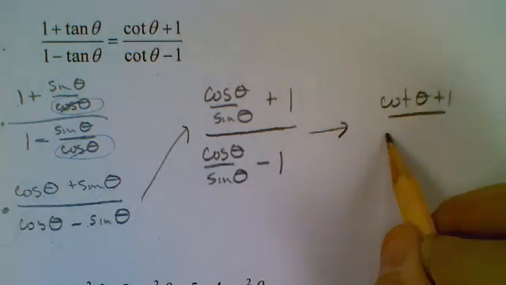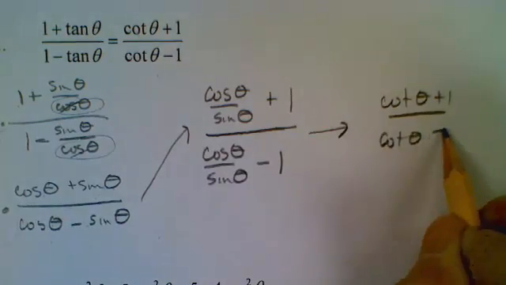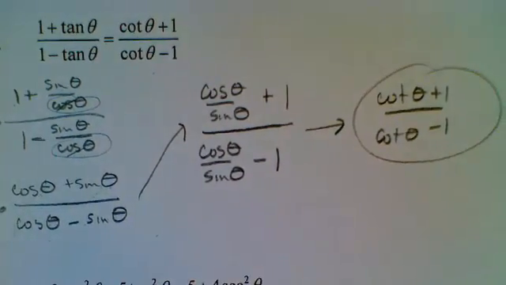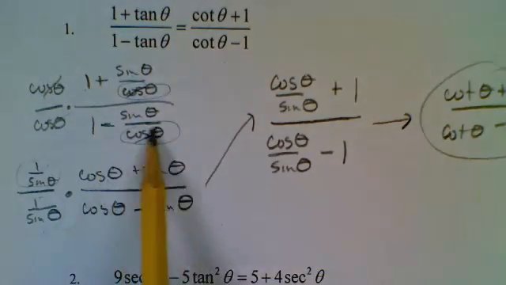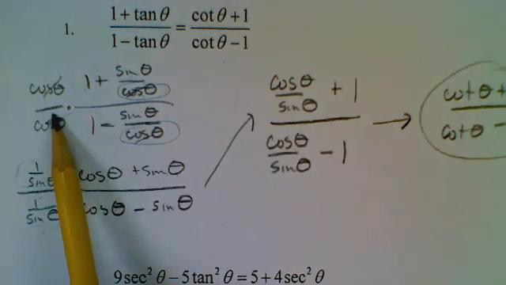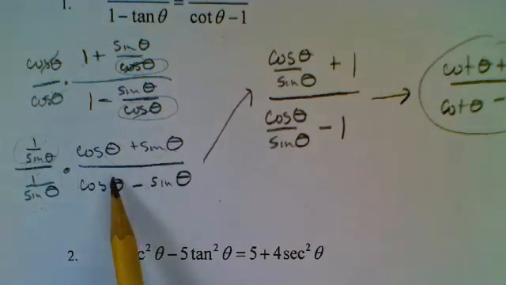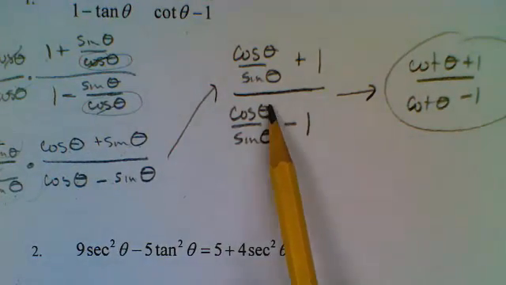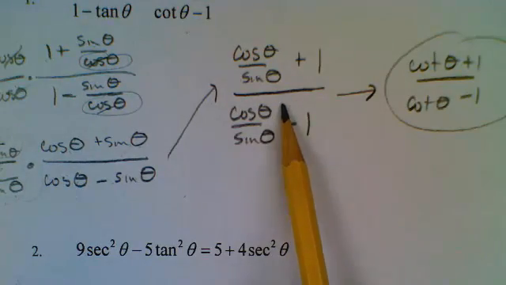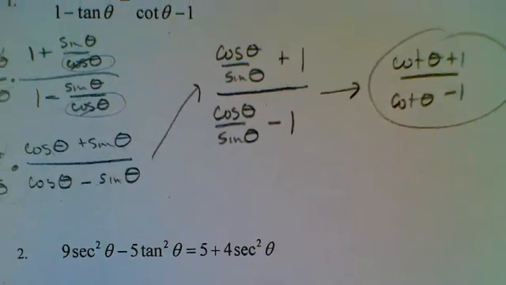So I got cotangent plus 1 and cotangent minus 1. Okay? So the first step was trig, but then it was algebra to multiply by a form of 1 to get this. Algebra again to multiply by 1 over sine over itself to get this. And then I went back to the trig.